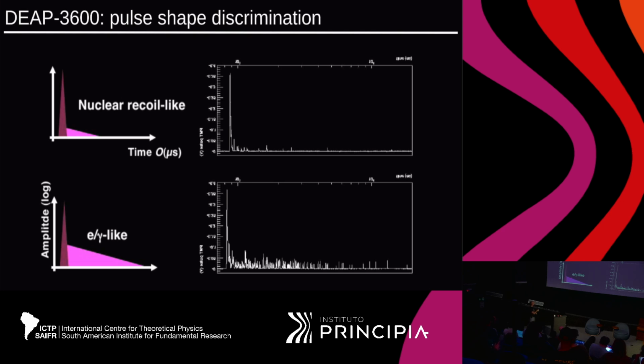And in electron interactions, you produce a lot more of these other bound molecules that live much, much longer, okay? So when you look at the signal, if you have a fast digitizer, in a nuclear recoil you will essentially see one big spike and very little after. And in an electron recoil, you will see the big spike, but then a lot of decaying tail after that. So you can use this to discriminate between a nuclear recoil and an electron recoil.